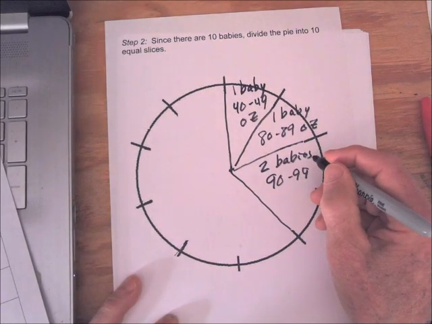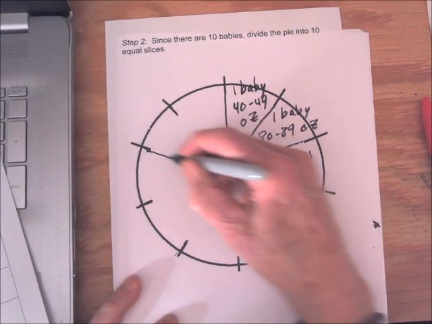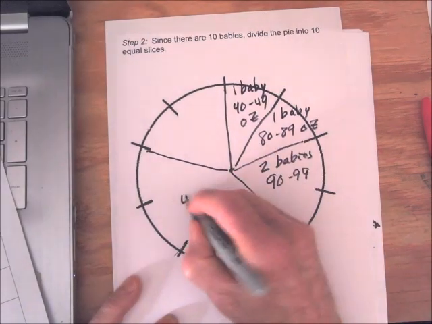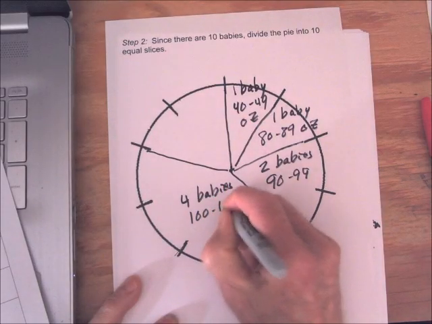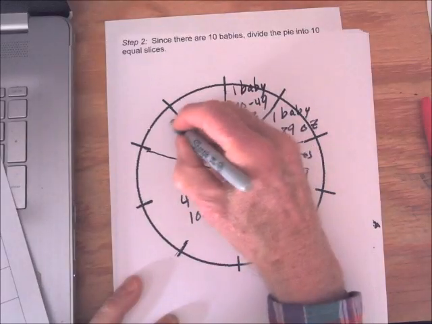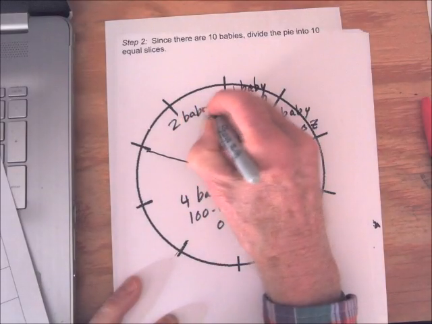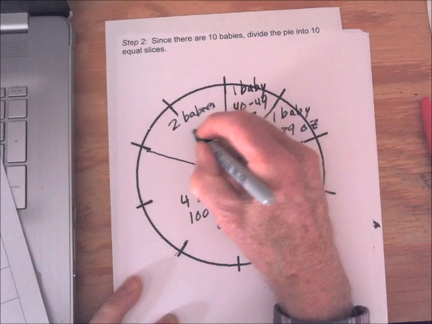Four babies, 100 to 109 ounces, 1, 2, 3, 4, that's four slices of the pie. And two babies, 110 to 119 ounces.